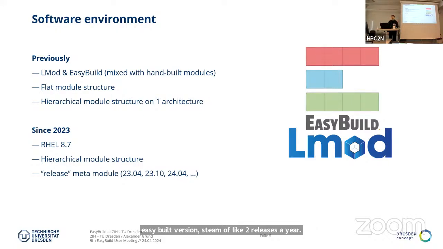So one roughly around April, one roughly around October. And we consider deleting some release meta module along with all the software at some point in time. But this way we can put the most recent one as a default and gradually get users to use just the recent one.